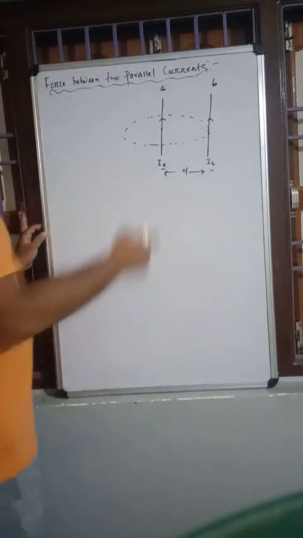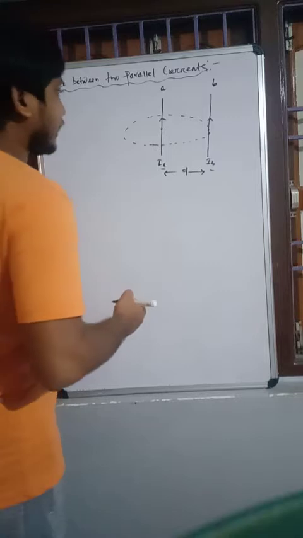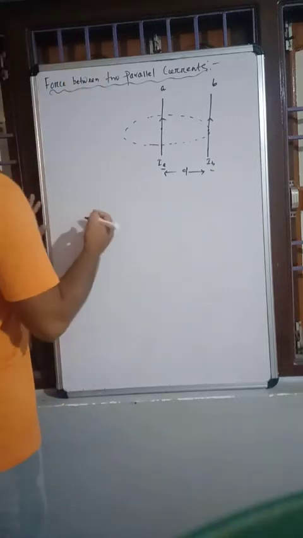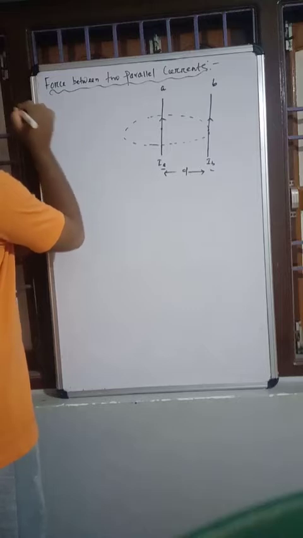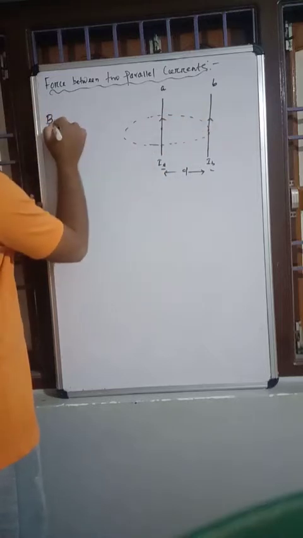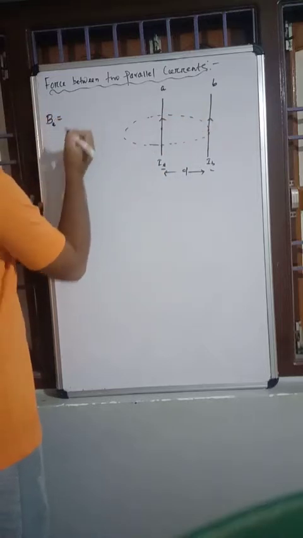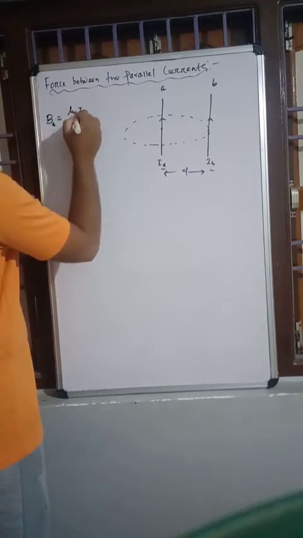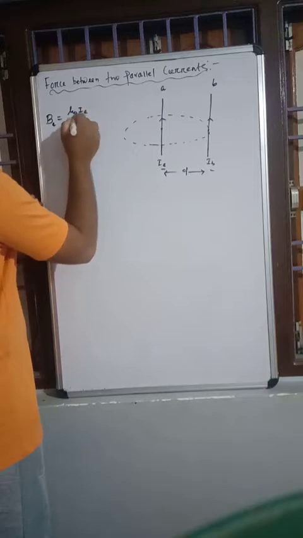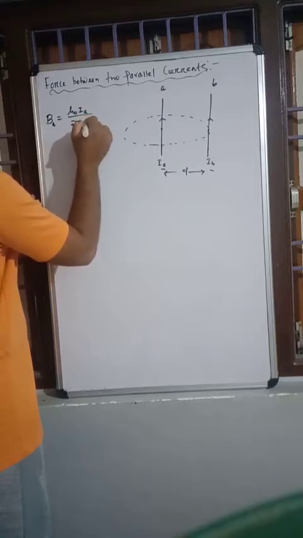We know that the magnetic field produced by a current carrying element we have derived by using our Ampere circuital law, that B, let us name it BA, will be equal to mu naught IA by 2 pi d.